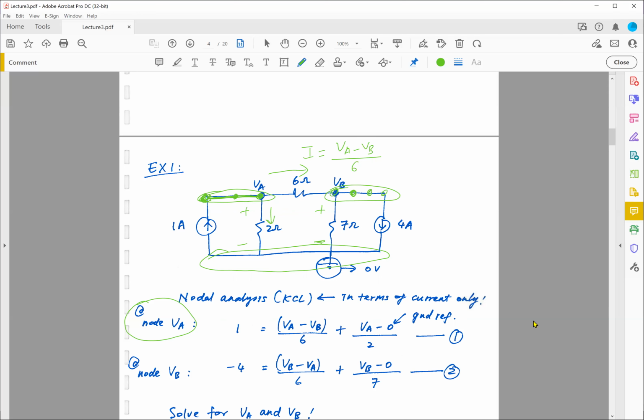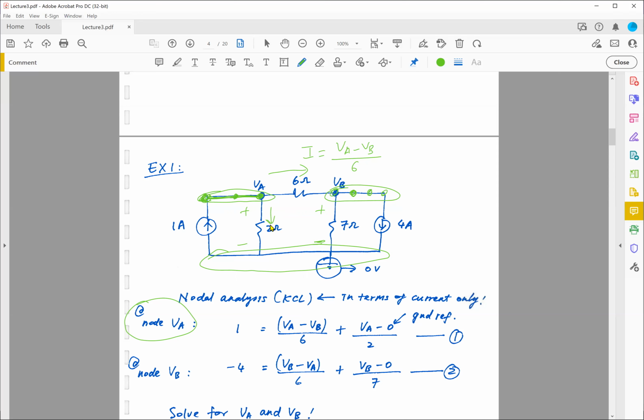This current over here is simply equal to VA minus 0 divided by 2. By the same token, I want to find the potential difference, or the voltage drop, across this 2 ohm resistor divided by this 2 ohm resistor.